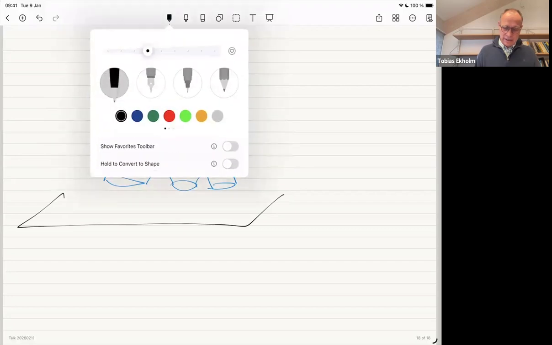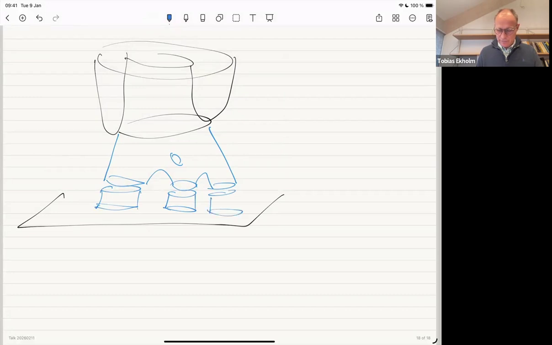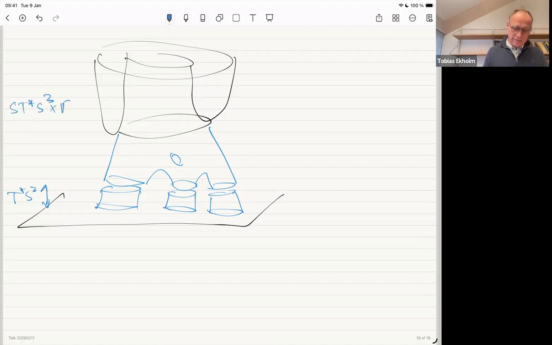These pieces are joined at so-called Reeb orbits, and then they go down to the zero section. So in here is T star S3, and out here is the unit cotangent bundle of S3 times R.